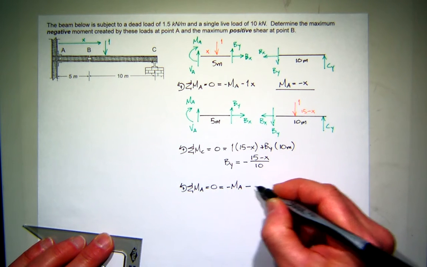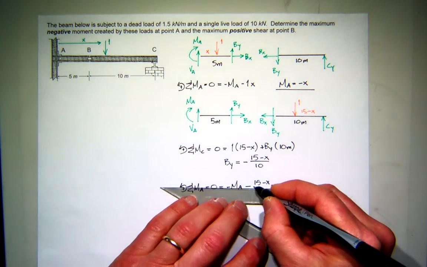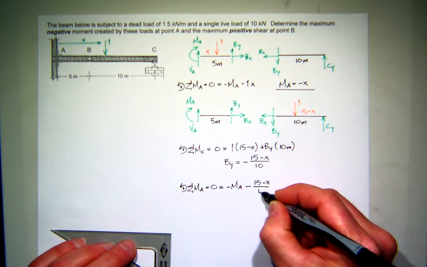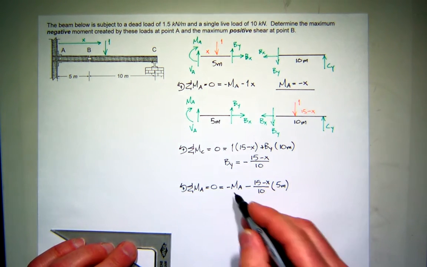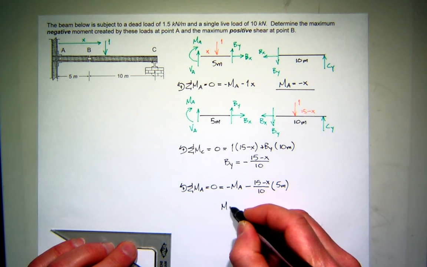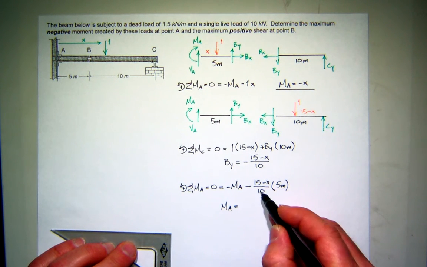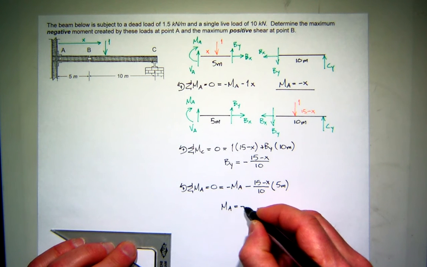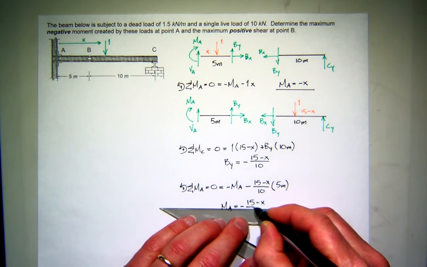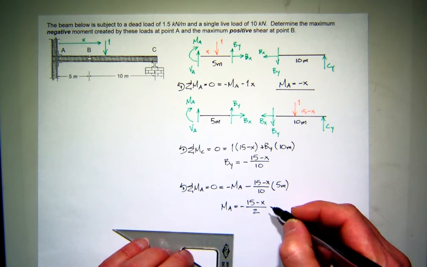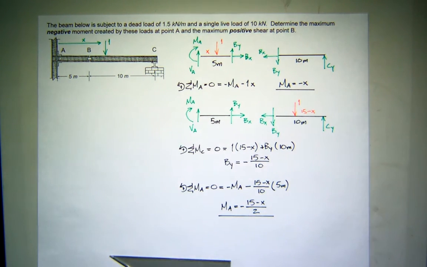So I have negative the force, and what's the moment arm? 5. So I can solve for the moment. If I solve for the moment, I get this. This 5 will make this a 2, right? So I should end up with (15 minus x) over 2. And there's my second expression.